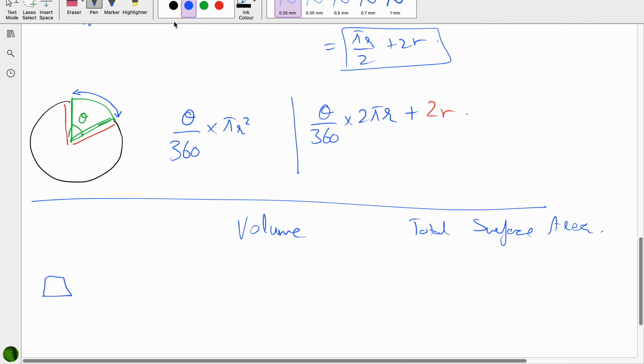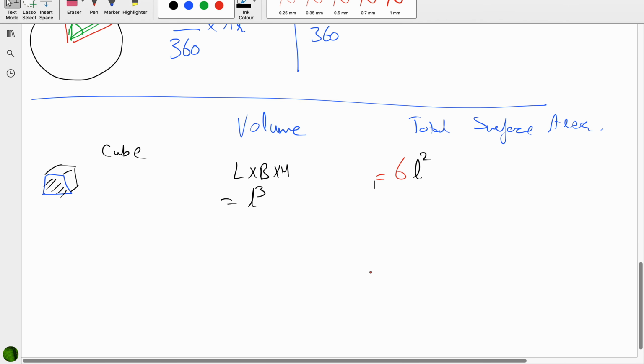First we had a square. If I try to change it into a 3D shape and call it a cube, volume is length into breadth into height. Because it is a cube, all sides are equal, so I can write length cube. And for total surface area, one of the faces is a square, which is length square, and we have 6 such faces, so this becomes 6l square.